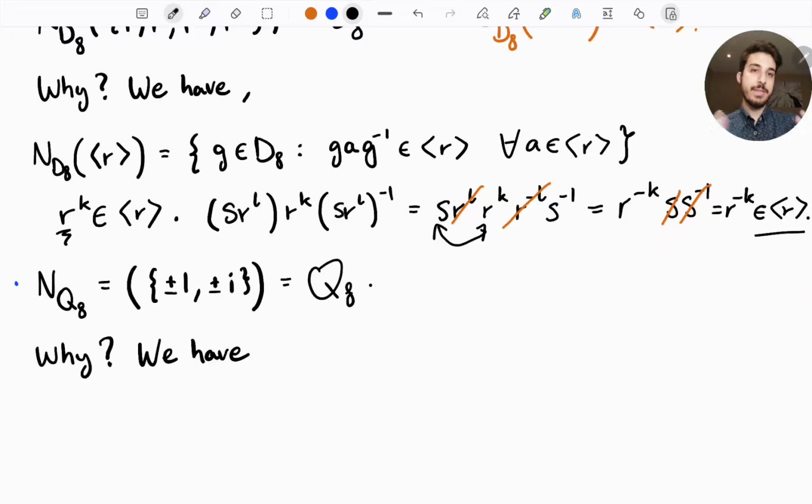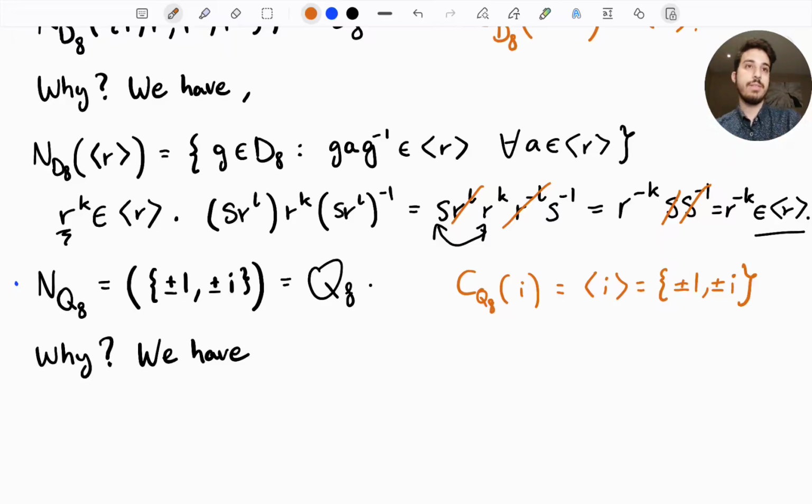We've seen before that the centralizer in Q8 of i, if you remember, is simply the subgroup generated by i. It's just plus and minus 1, plus and minus i. It is not all of Q8, but here, since we're being less restrictive in our conditions, we can allow for more freedom. So it's Q8.